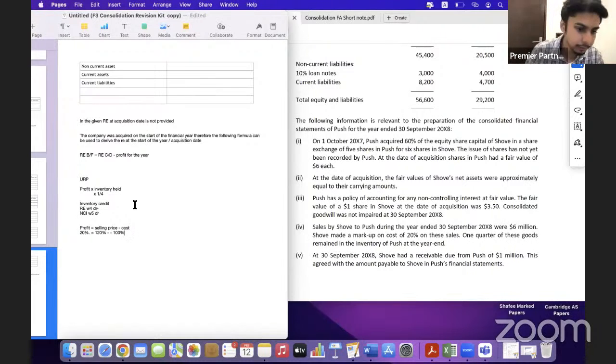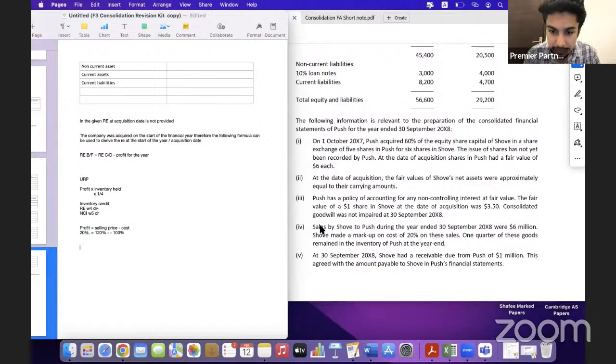Once again, if it's markup, cost is always 100%. Is that clear? Then our profit is 20%, that's what they are telling. So something minus 100 is 20, which means this has to be more, no, guys? So this is 120%.